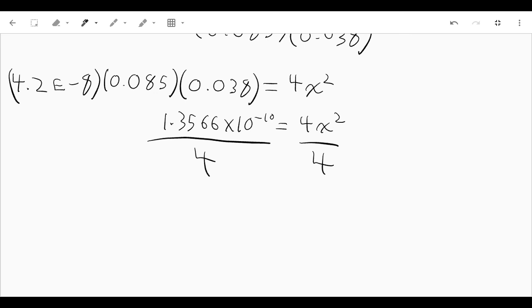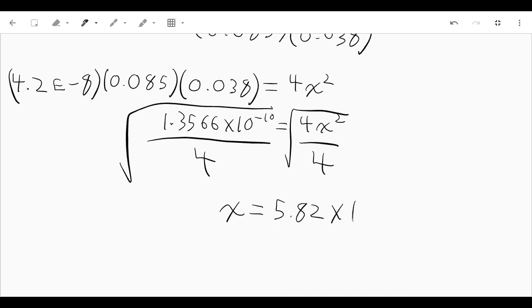And while we're at it, let's add in the square root so we can just finish this off. We divide both sides by 4, then take the square root, and this is going to give us our final answer of x is equal to 5.82 times 10 to the negative 6.